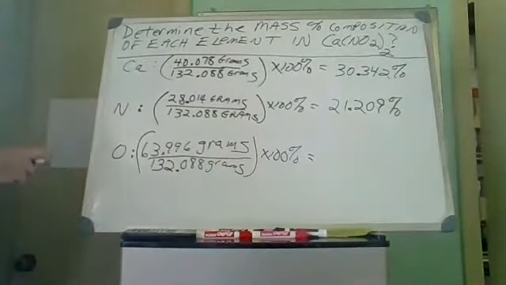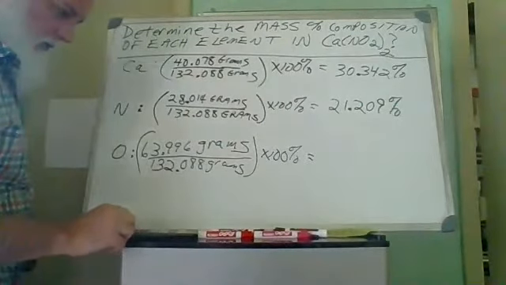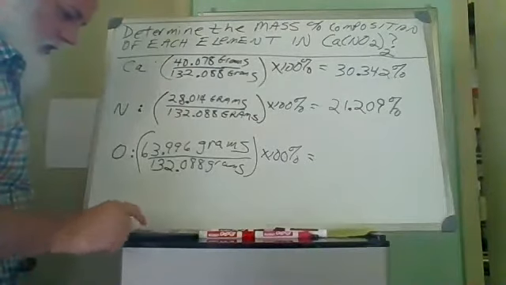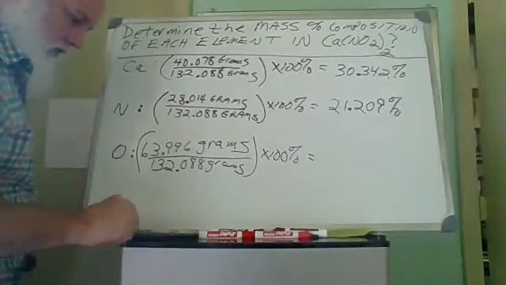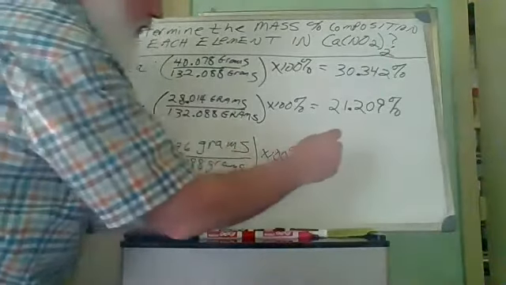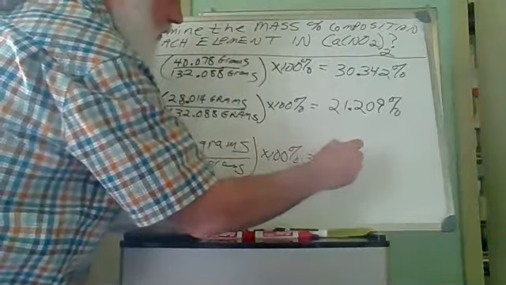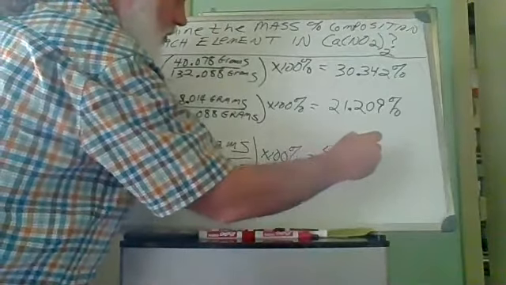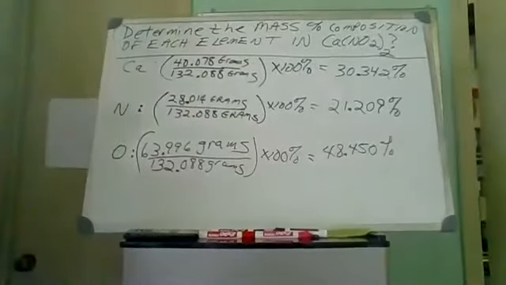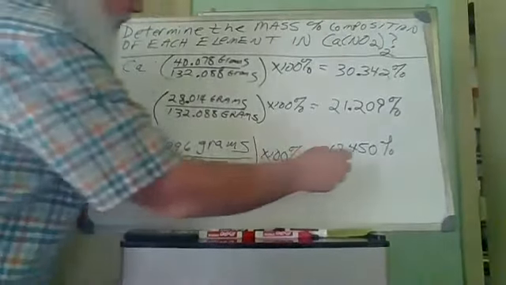All right, and for oxygen, 63.996 divided by recall 1 equals times 100 equals 48.450 percent. Don't forget to write percent there.